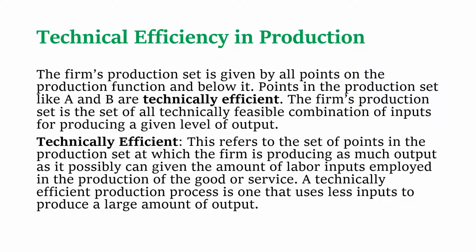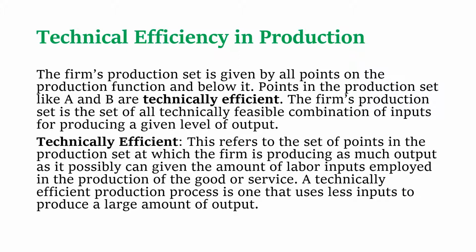So like A and B, we say the farm is producing outputs efficiently. So point A and B are technically efficient. The farm's production set is the set of all technically feasible combinations of inputs for producing a given level of outputs.